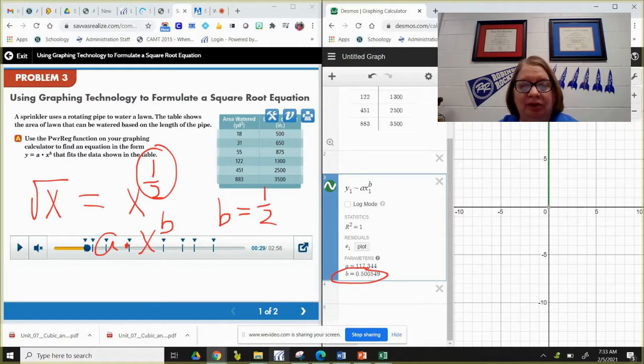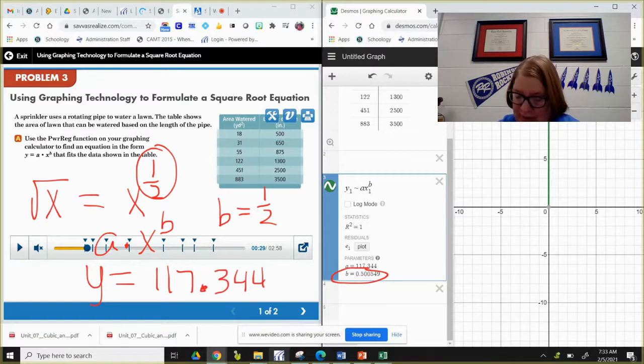All right, so our equation that we would write would be y equals, our a is 117.344 times, this really is our x raised to the 0.5 power or to the 1/2 power, which is the same thing as square root of x.